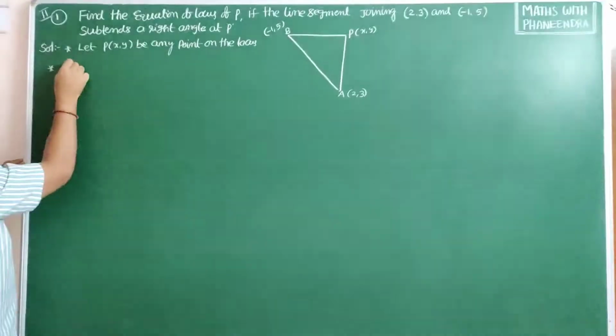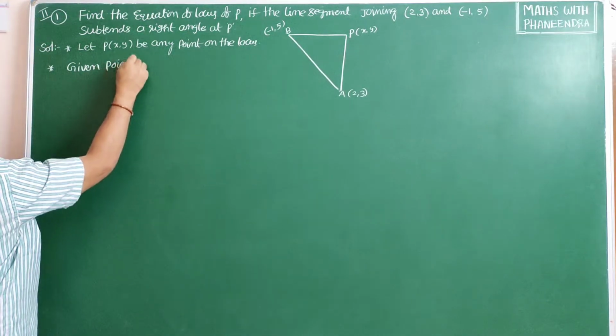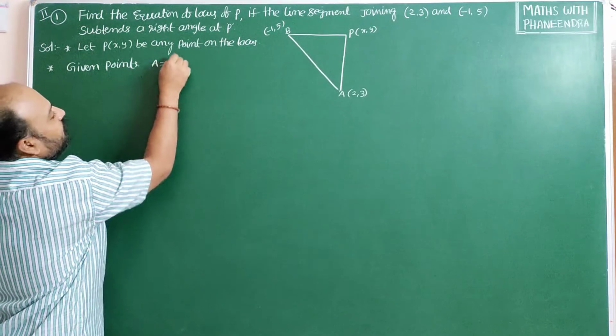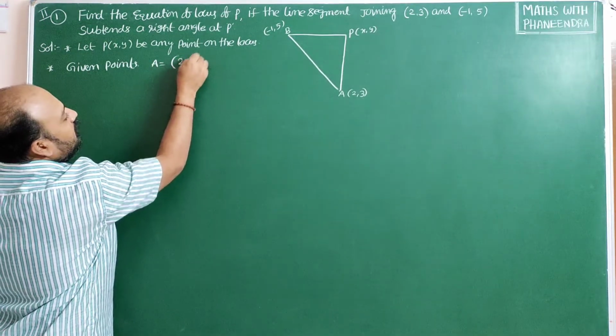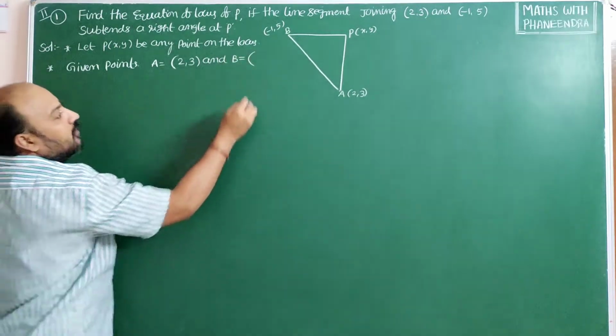Next, given points, line joining points that I am taking as A. First point is (2, 3) and B is (-1, 5).